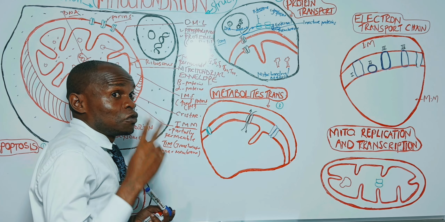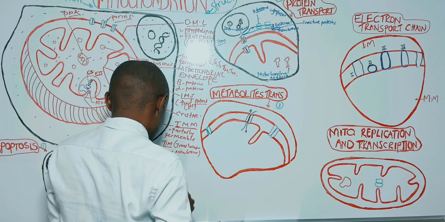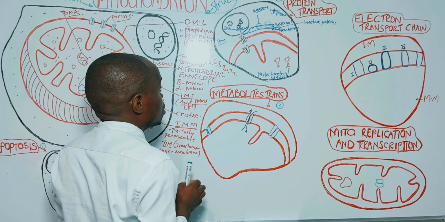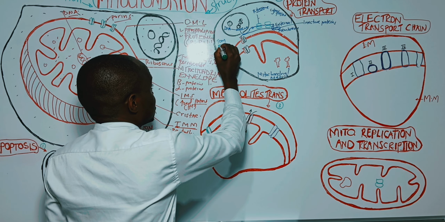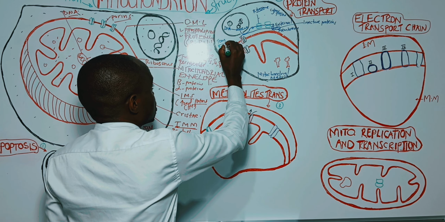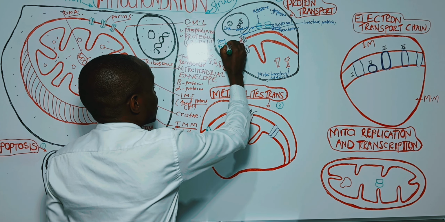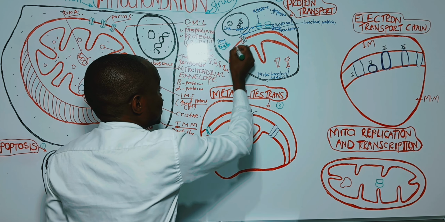Remember I said they are of two types. We have the Tom 20, and also the Tom 70. These ones are on the membrane here.